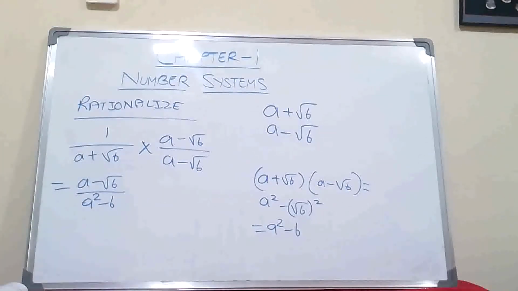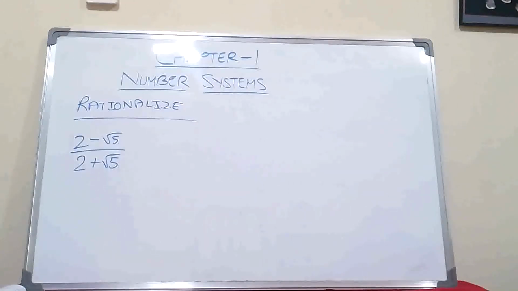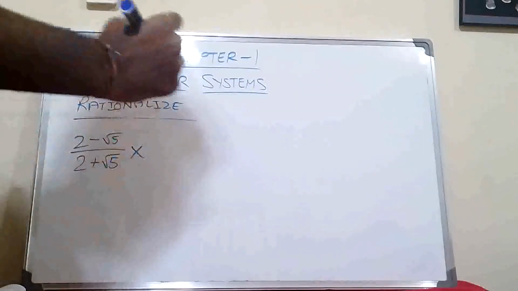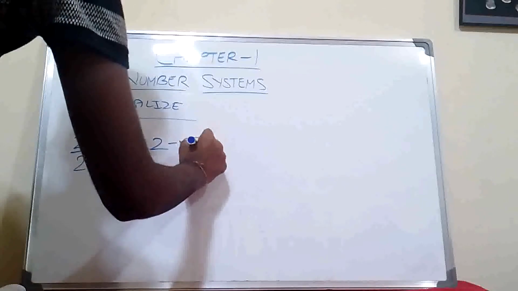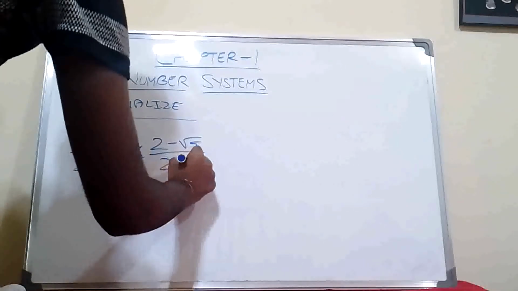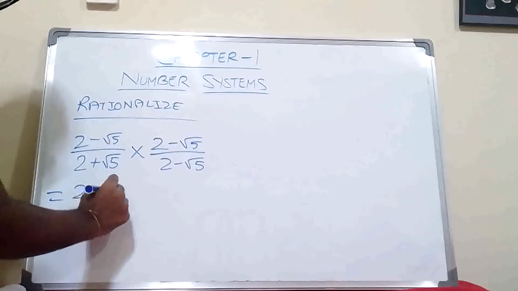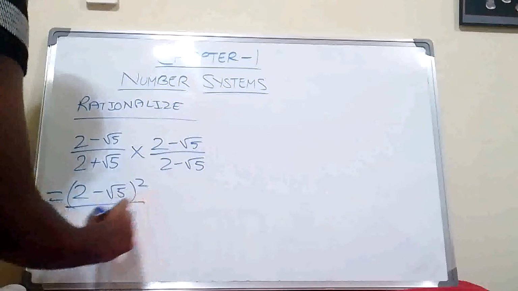Let's take an example. Now we have been given a number that is 2 minus root 5 by 2 plus root 5. So first we have to rationalize it. For rationalizing, we will multiply and divide it with its conjugate. So it becomes 2 minus root 5 by 2 minus root 5. So we get it as 2 minus root 5 square in the numerator. We'll use the minus identity that we have learned.